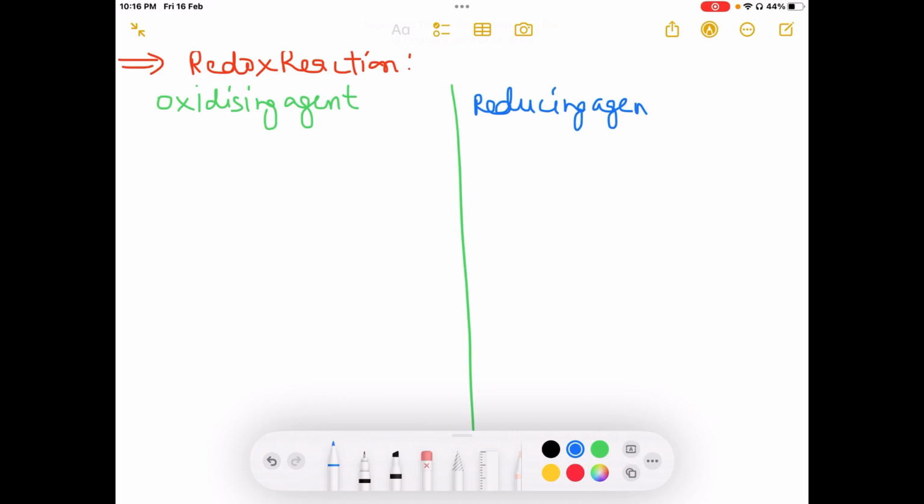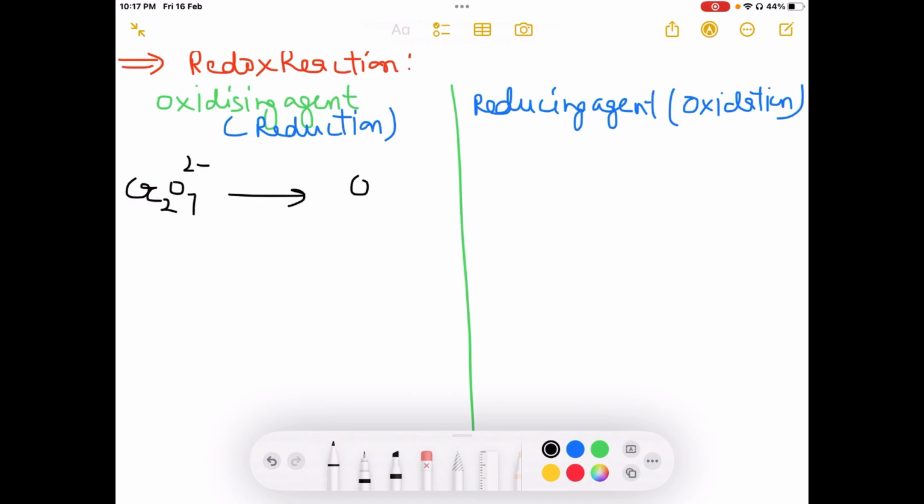It means it undergoes oxidation, whereas potassium dichromate undergoes reduction, with a decrease of oxidation state. So dichromate changes into Cr3+ in acidic medium.